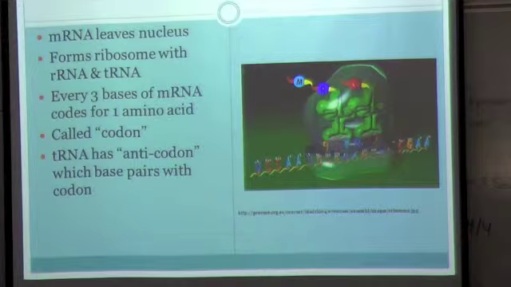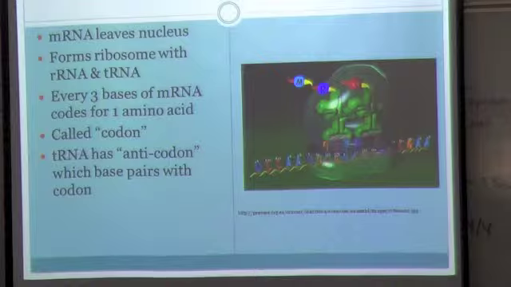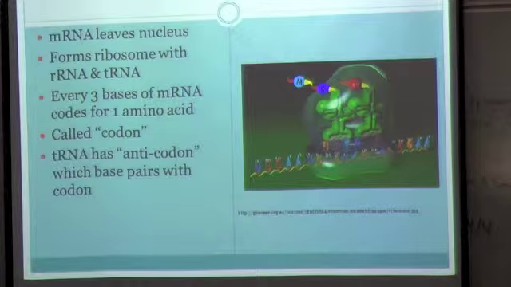Once you get out of the nucleus, the messenger RNA goes out, it's going to help form the ribosome with the other two RNAs that you learned about, ribosomal RNA or rRNA and transfer RNA or tRNA. These come together, and this is a nice little graphic of the ribosome.